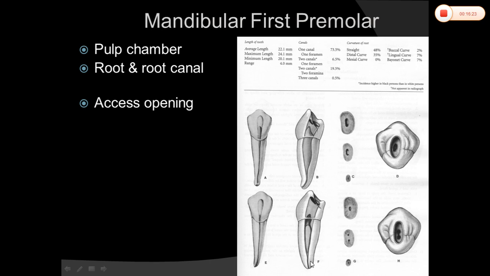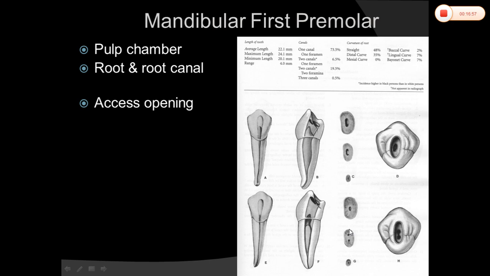So the 2-1 configuration is the most commonly seen in these premolars. In 74% of premolars, you can see one single broad canal that bifurcates into two. That is, the 1-2 configuration can also be seen in these premolars. And in 25% you can see two canals.